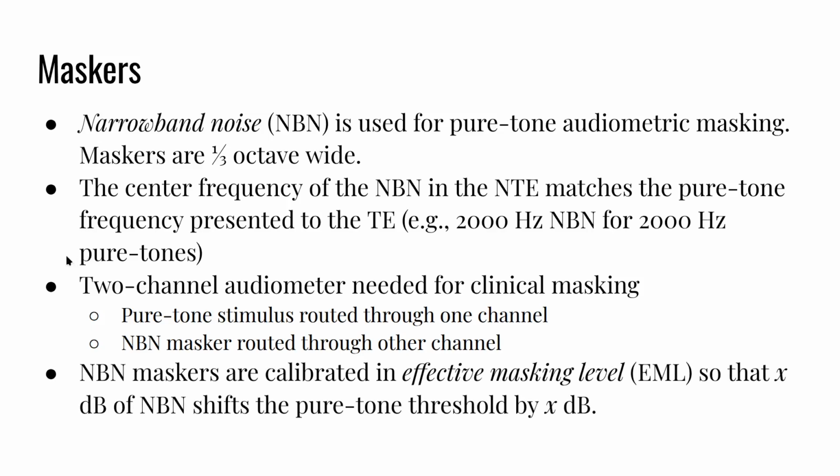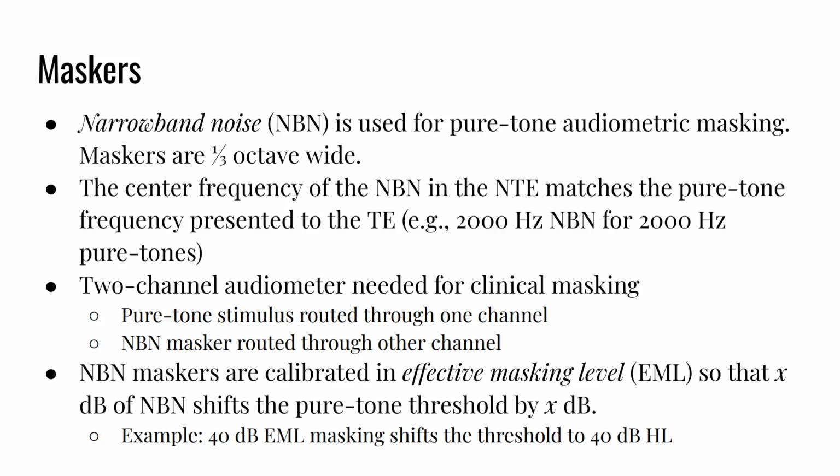Narrowband noise maskers are calibrated in effective masking level so that X dB of narrowband noise shifts the pure tone threshold by X dB. So whatever level you have on the masker, it should shift the threshold by that amount, assuming you have a 0 dBHL threshold.